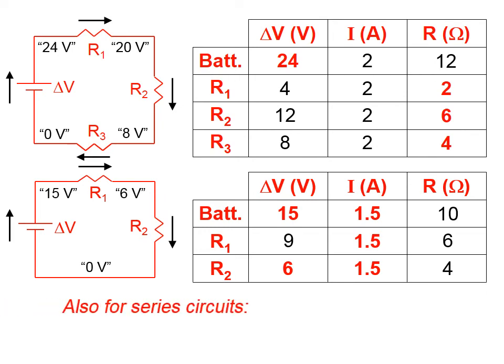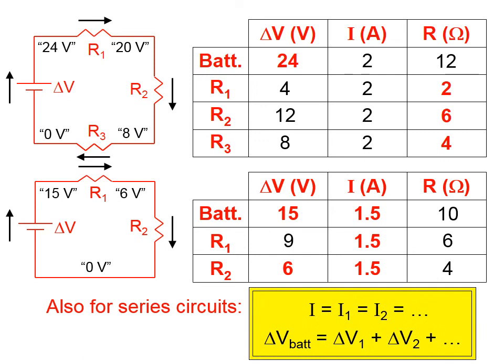Also for series circuits, and these are more ideas than equations, we know these already. The current through any resistor is equal to the current through any other resistor, and the voltage difference across the battery is equal to the sum of the voltage differences across each resistor.